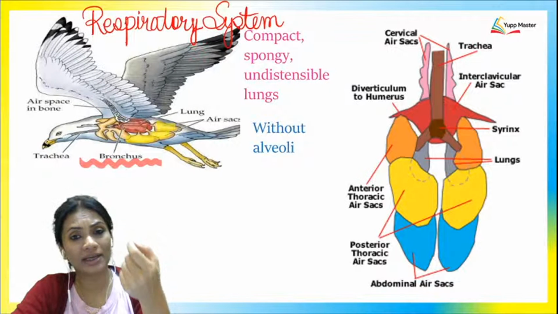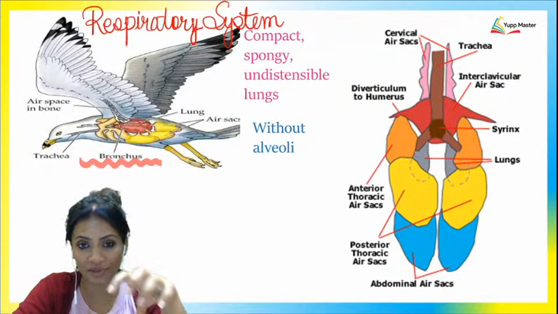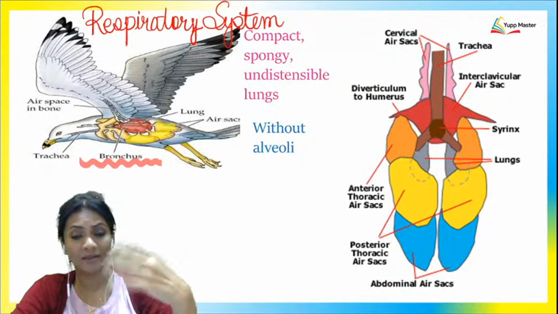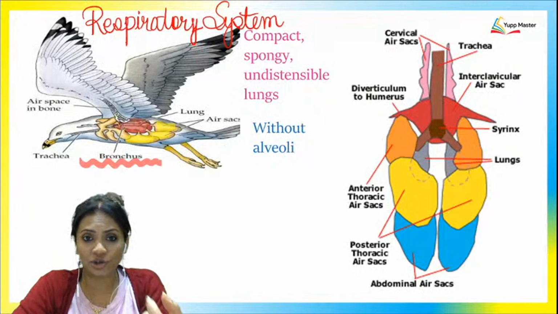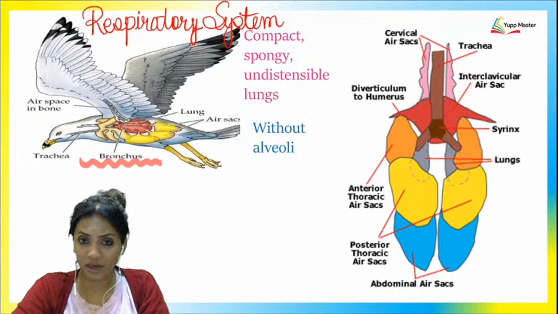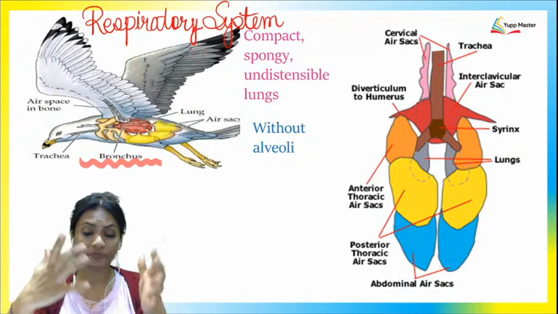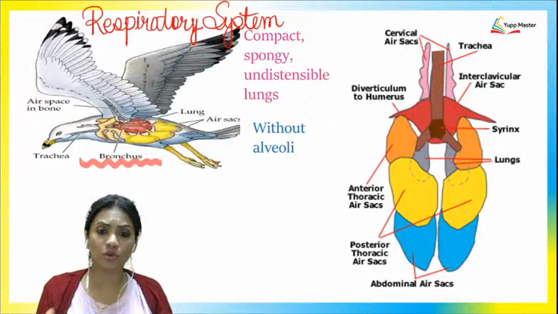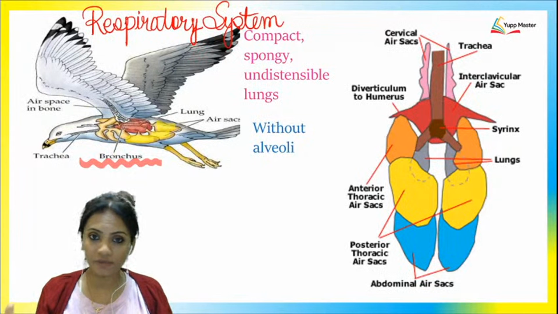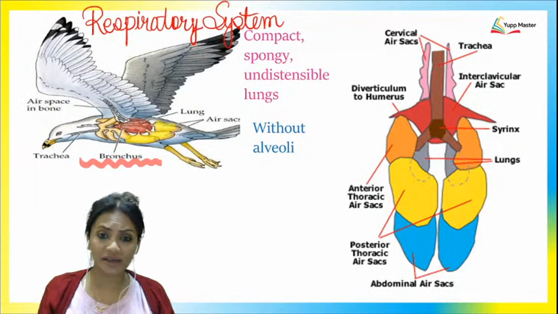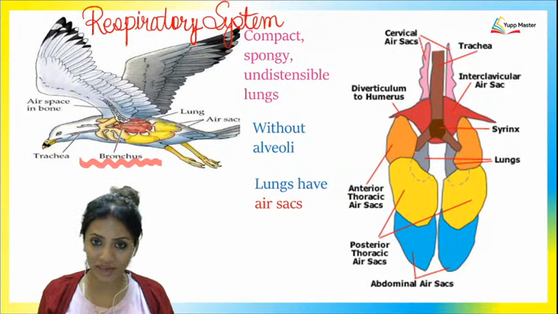Alveoli are the smallest units present in the lungs of humans, in which air is exchanged. The alveoli in our lungs are distensible because they allow air to come in and go out. But birds don't have alveoli at all.